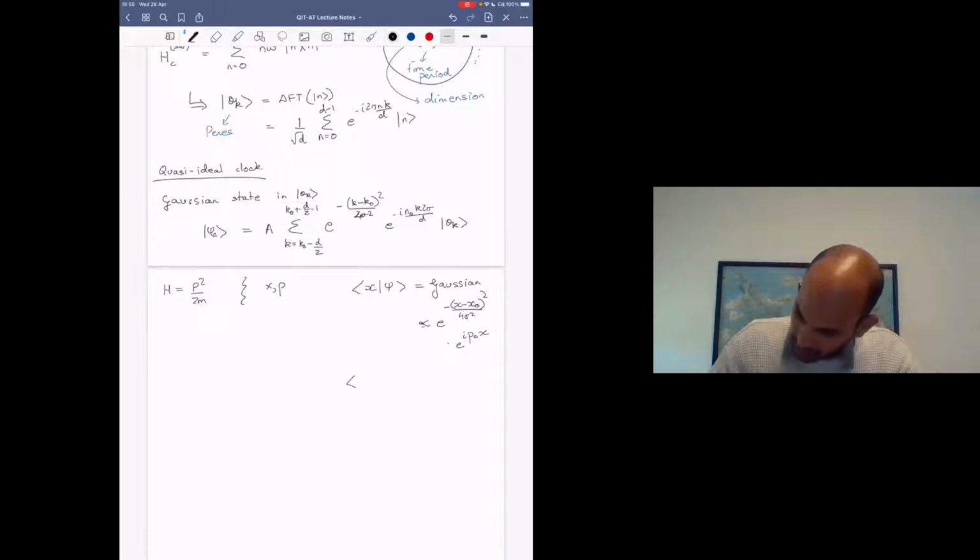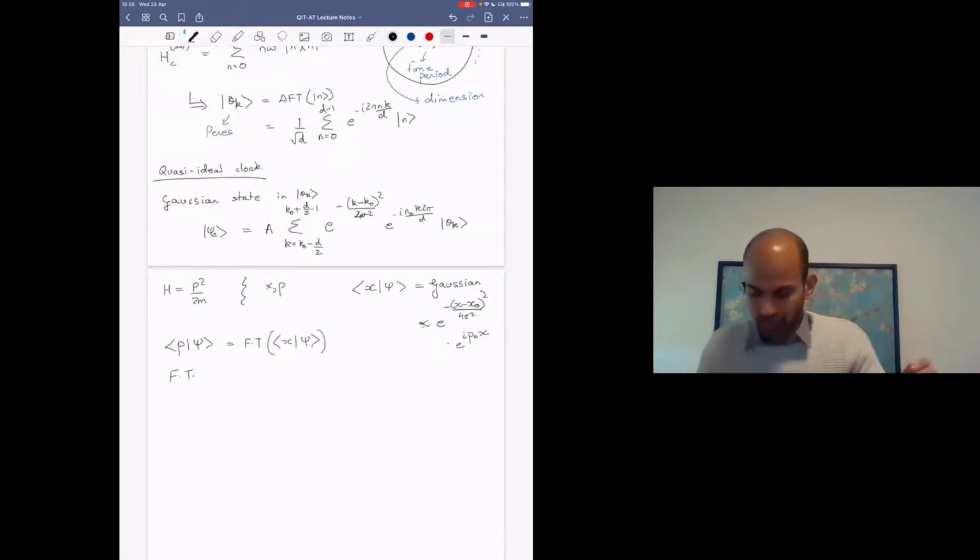Then what we see in the Fourier transform basis is that the wave function of the system in the momentum eigenbasis is equal to the Fourier transform of the wave function in the position basis. Now, this is actually true for any state that we pick.